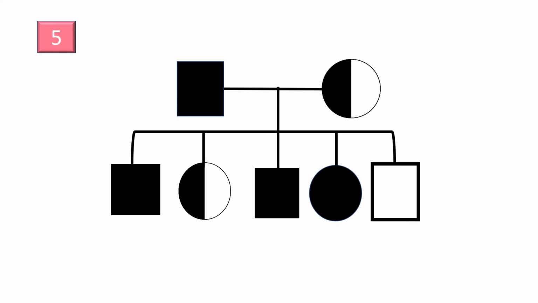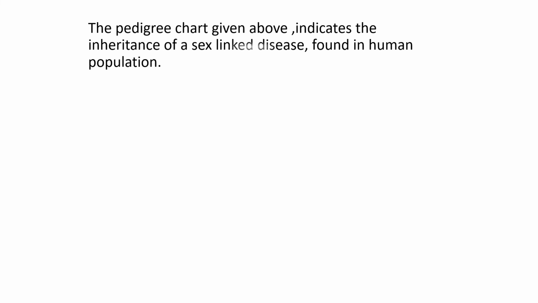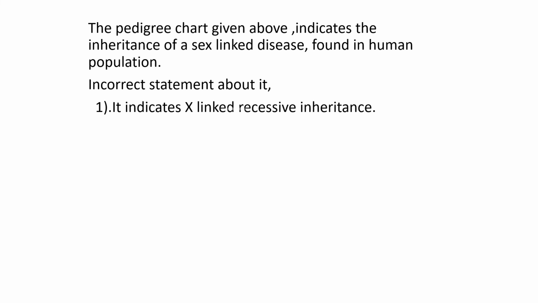Let's do another question about hemophilia to enhance the knowledge about pedigree analysis. The pedigree chart given above indicates the inheritance of a sex-linked disease found in the human population. Incorrect statement about it: 1. It indicates X-linked recessive inheritance. 2.